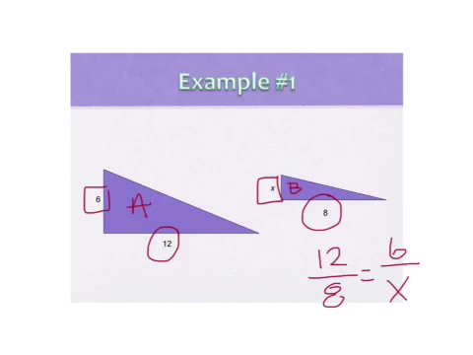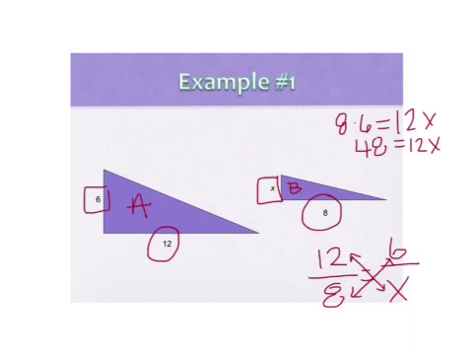So how could you find this missing side length? Well, something you could do is solve a proportion. You're going to cross multiply. So you're going to do 8 times 6, and then the other side, 12 times x. We don't know what x is, so we're just going to leave it 12x. 8 times 6 is 48.